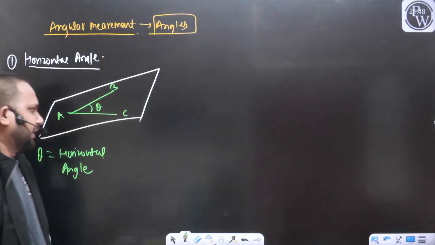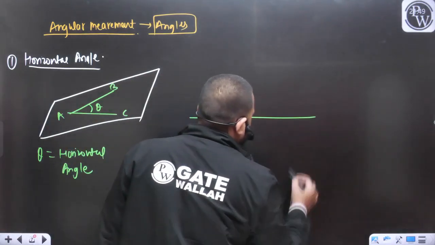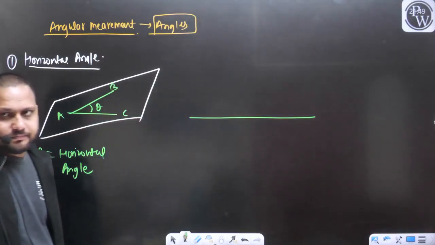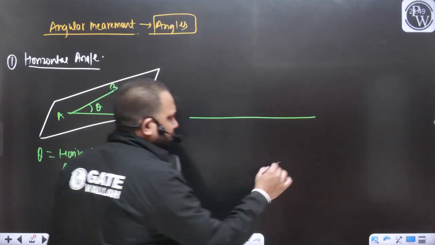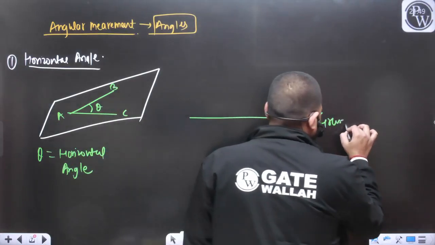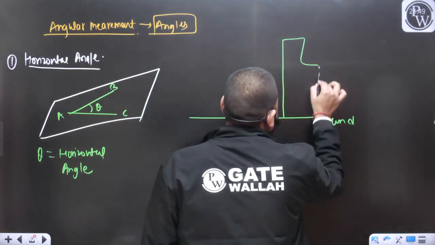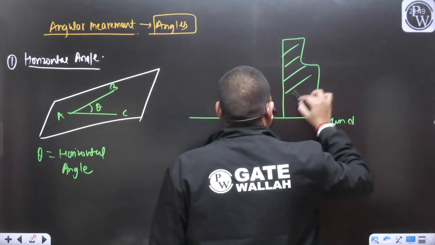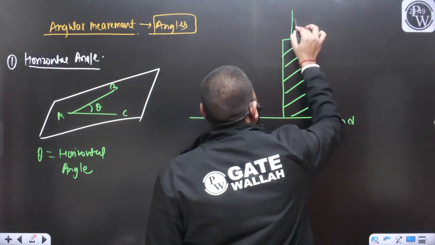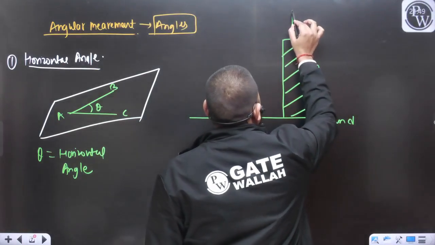Let's take one more example. Consider this as your ground. Let's say there is a building, this is your building block, and at the top of the building there is a tower.